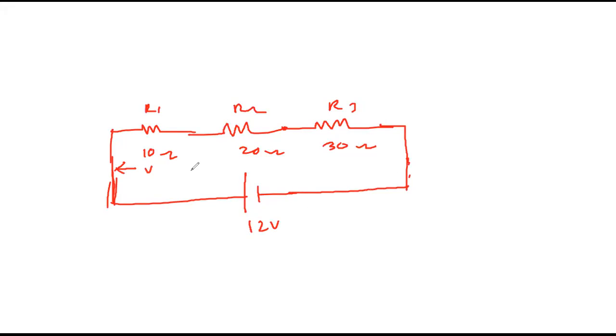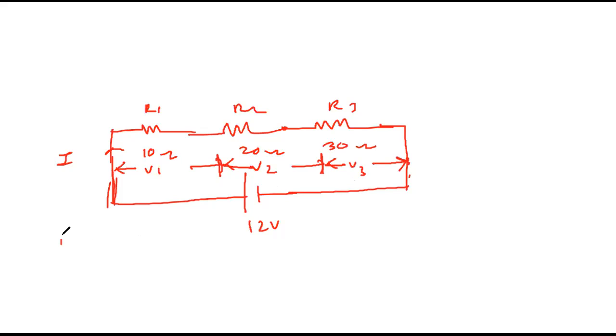Across each means we want V1, V2 and V3. Now, if I get current I, then voltage V1 will be I R1, V2 will be I R2, V3 will be I R3. We can find all voltages.